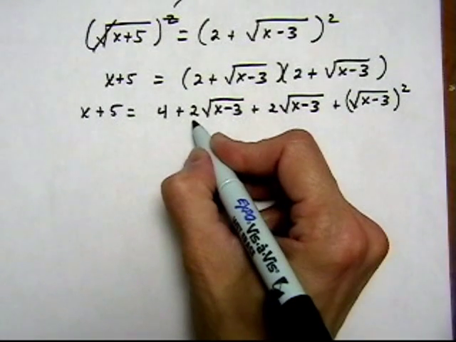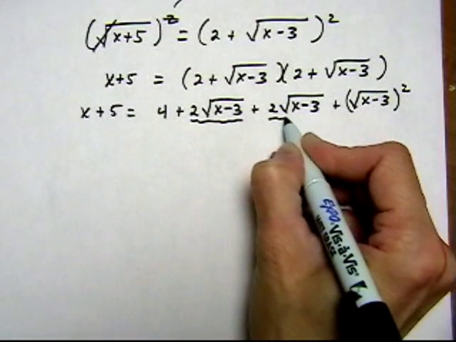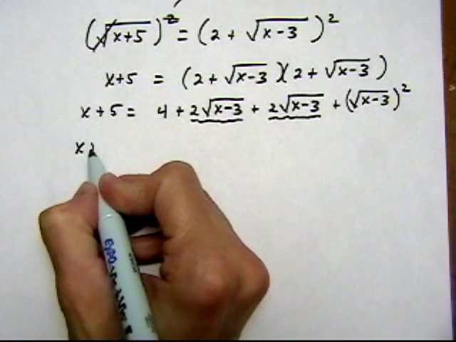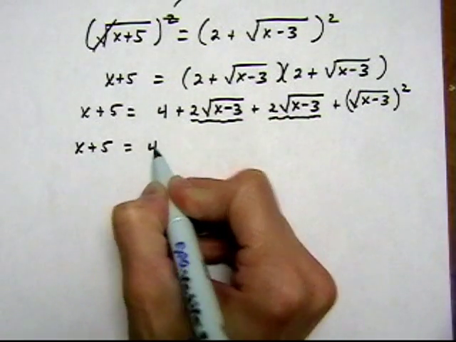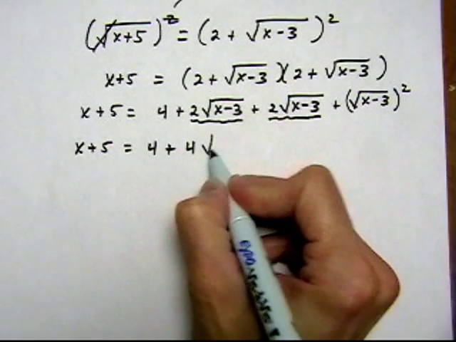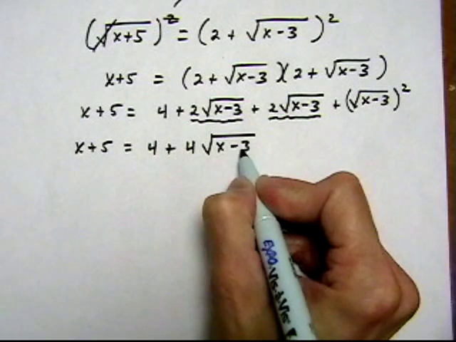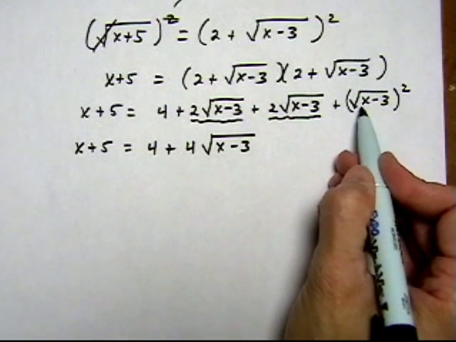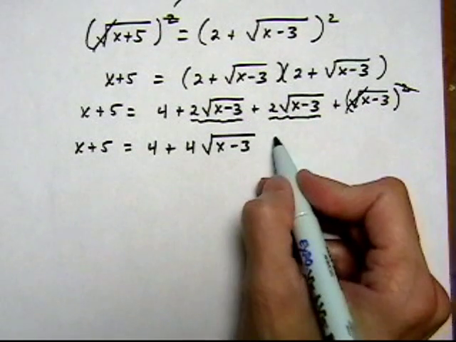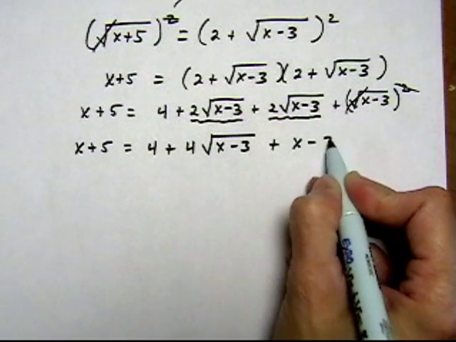We can first of all combine like radicals because they have the same index and the same insides. So we get x plus 5 is equal to 4 plus, and we can combine their coefficients, plus 4 root x minus 3. And then if we have a square root being squared, we're going to get the insides out. So that gives us plus x minus 3.